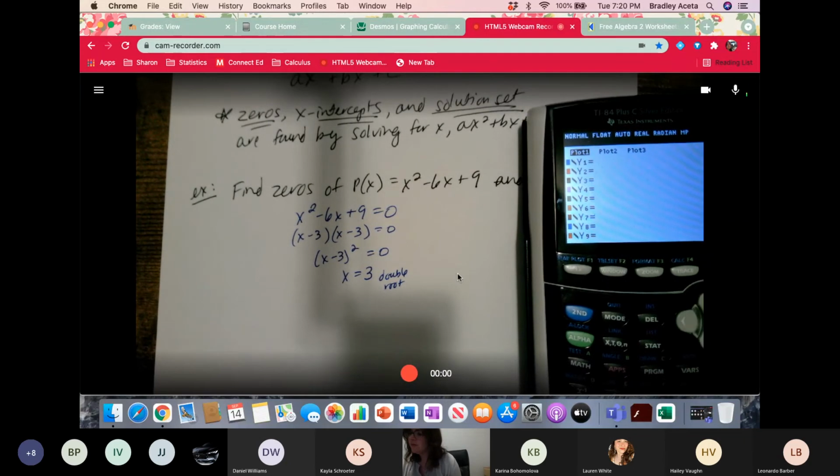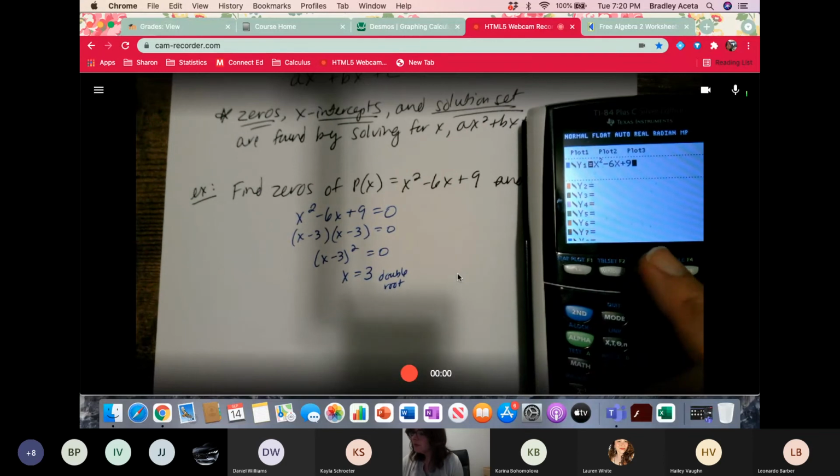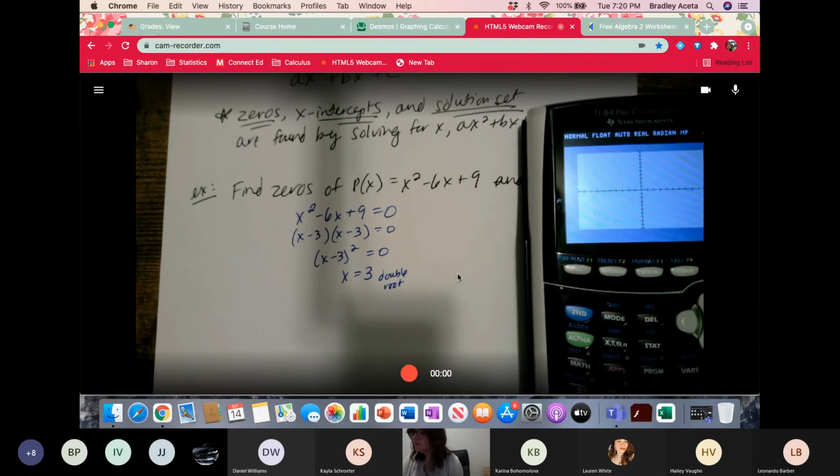So I'm going to go up to it and turn it off. Hit enter. Now it's not highlighted anymore. So now going back down to y1, I'm going to type in x squared minus 6x plus 9. And my standard view is zoom 6. That's the view that'll give me like a 10 by 10 by 10. 10 up, 10 down.